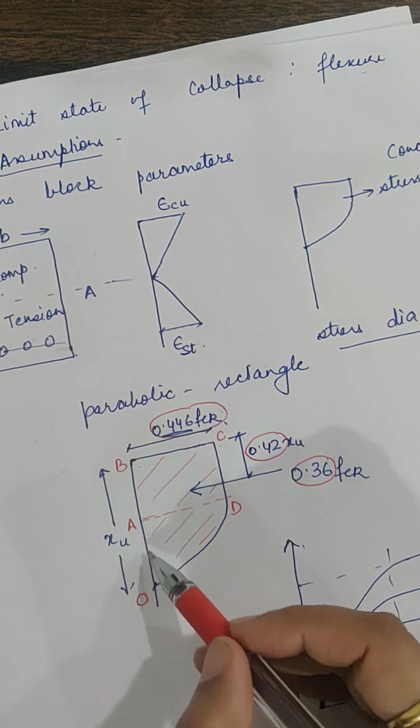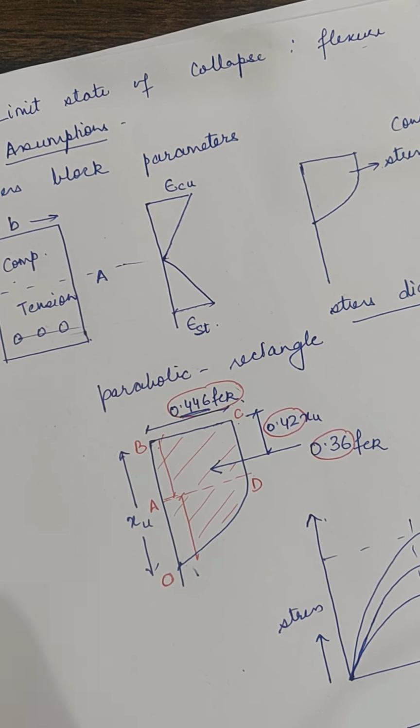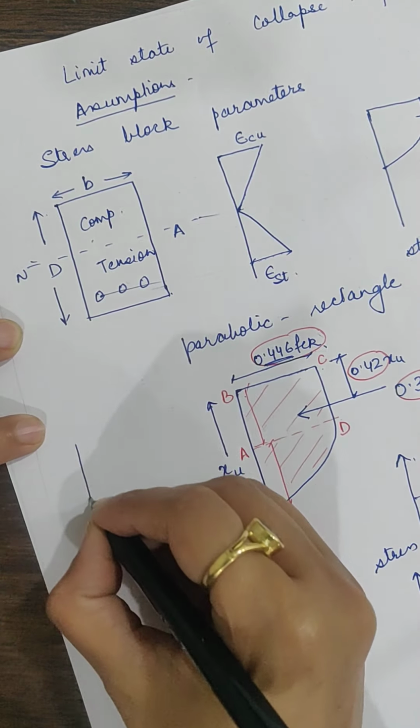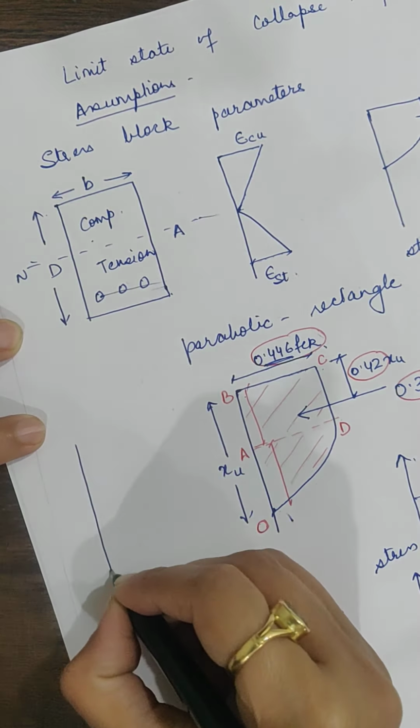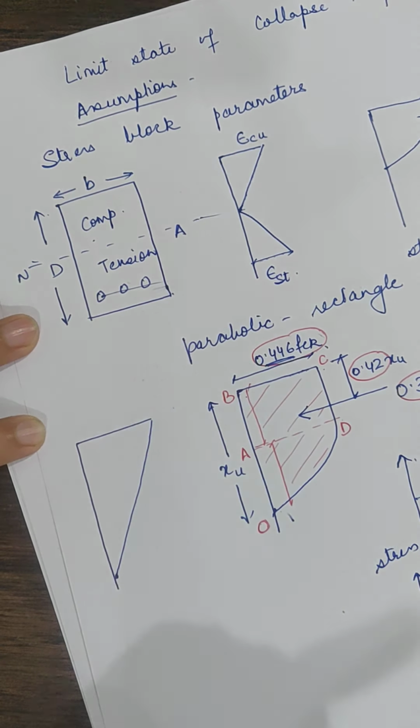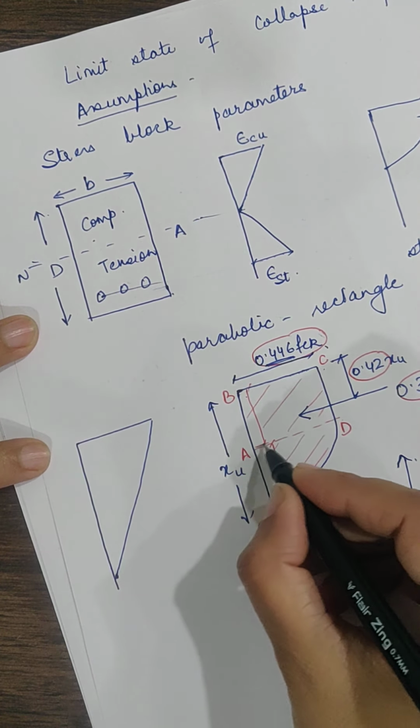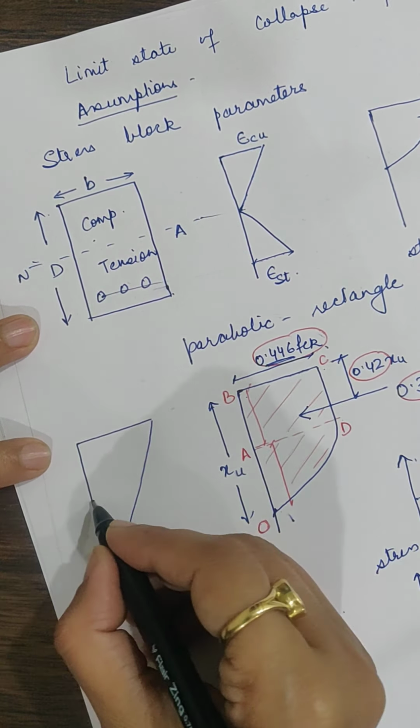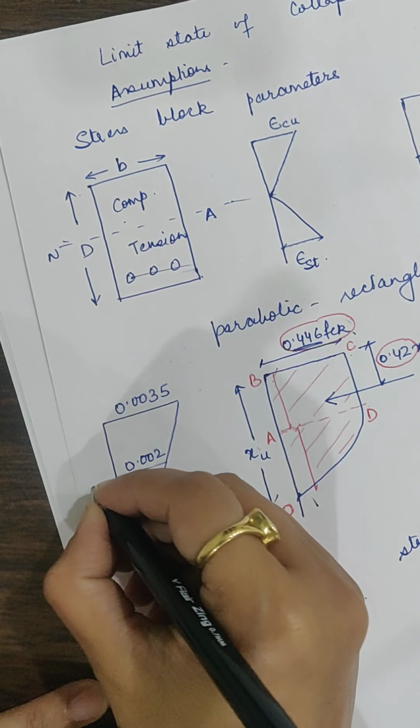These two depths I can obtain by taking the help of the strain diagram of concrete. I know the code has already given that the strain diagram of concrete will be linear. Till this particular parabolic region, the strain can be 0.002 and the maximum strain can be 0.0035. So if I want to get the depth of the parabolic part, I can take the help of a similar triangle. This is basically XU.